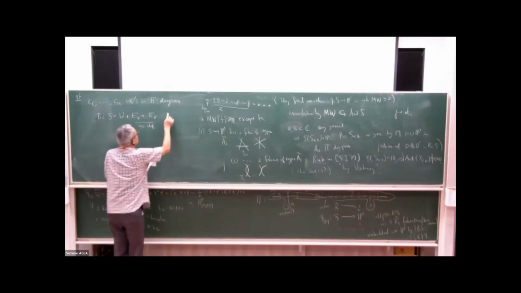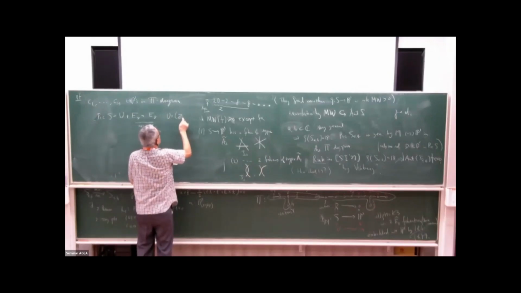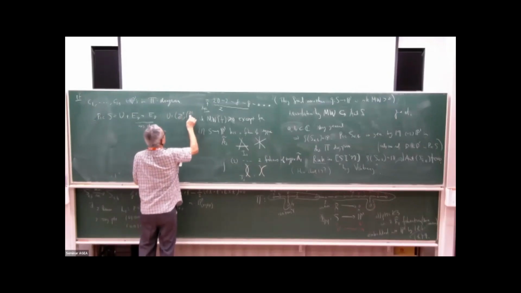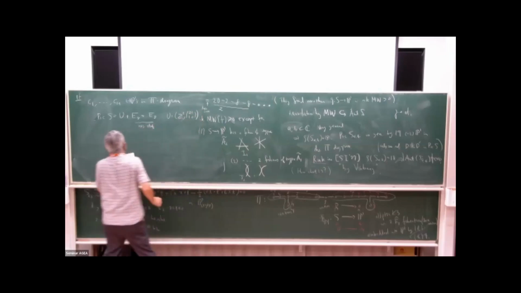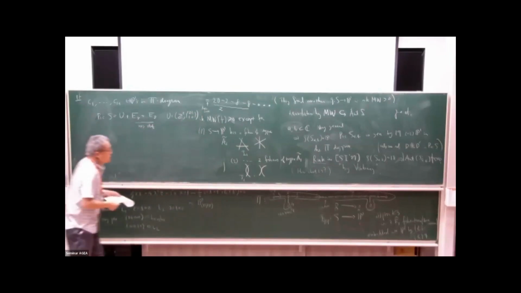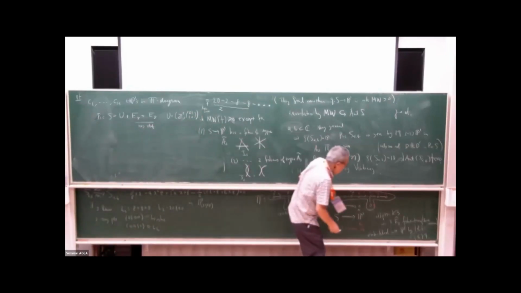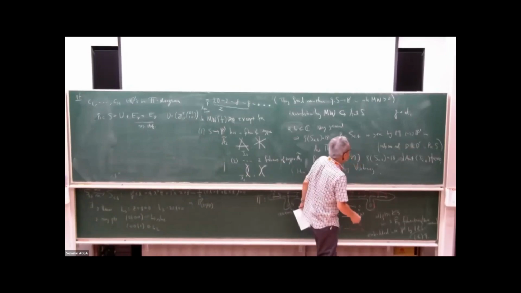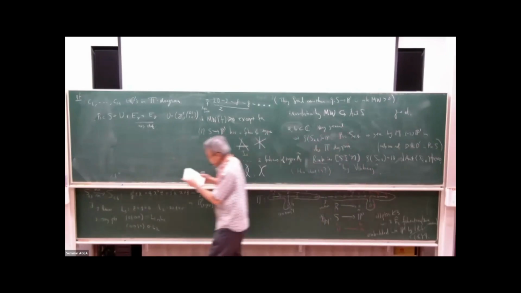And this U is hyperbolic. You get the isomorphism by part. Anyway, it's easy.